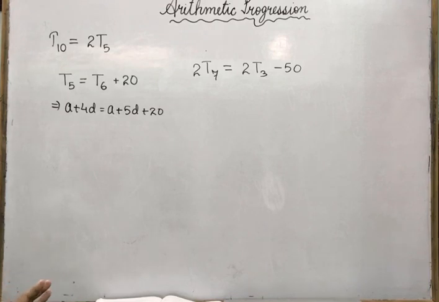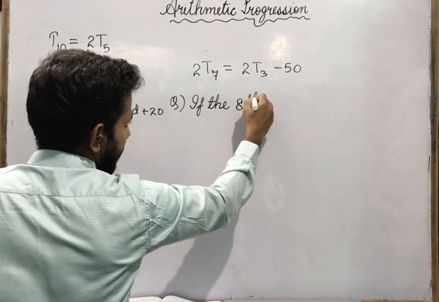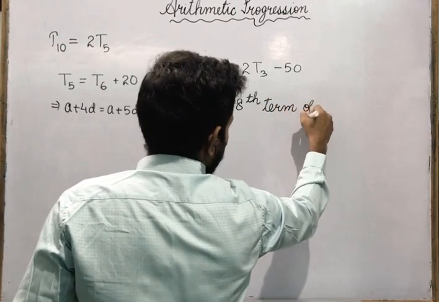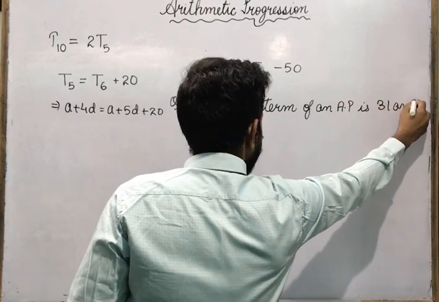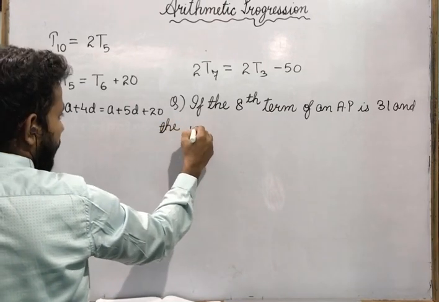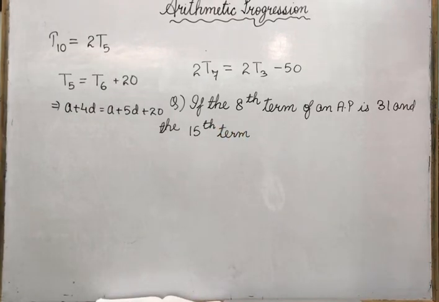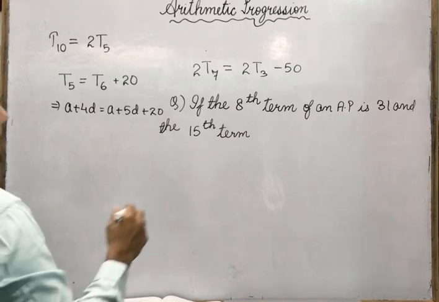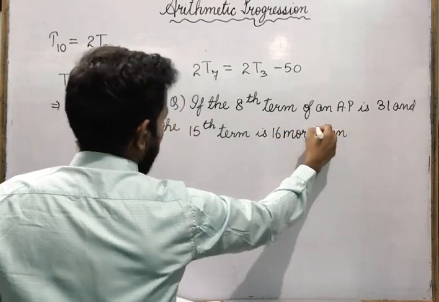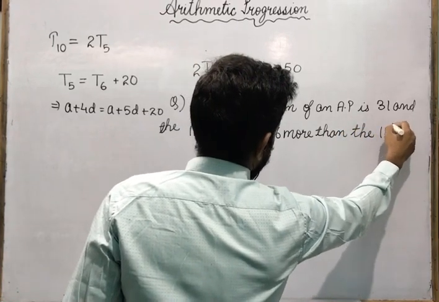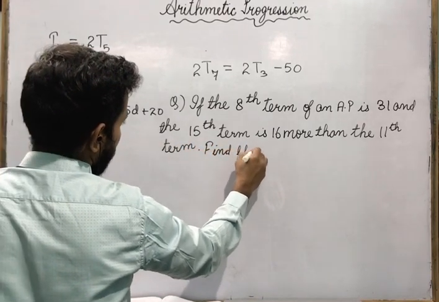Okay, now we'll move towards the first question. The first question is: if the 8th term of an AP is 31 and the 15th term is 16 more than the 11th term, find the AP.